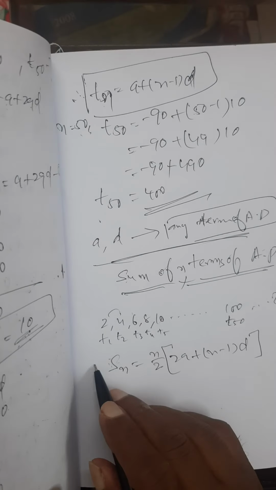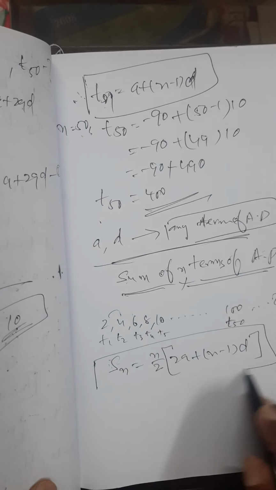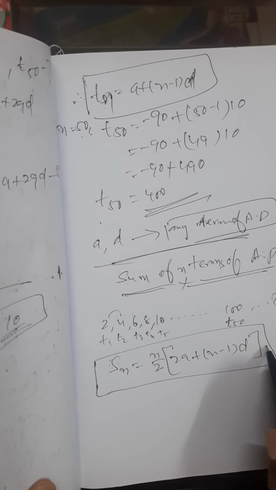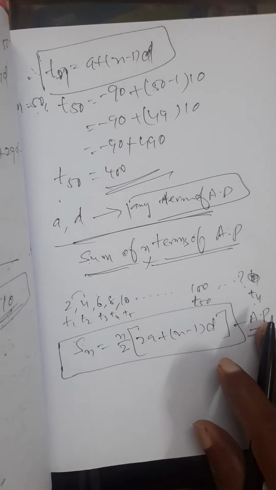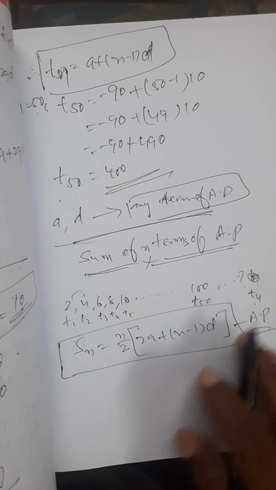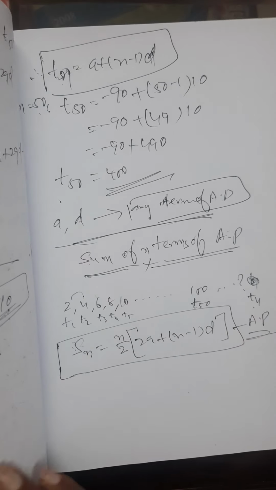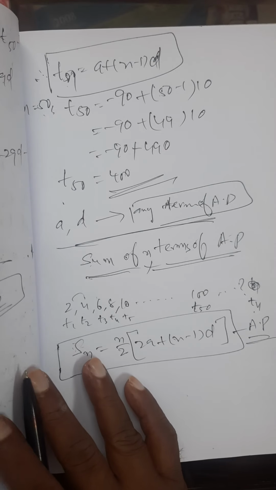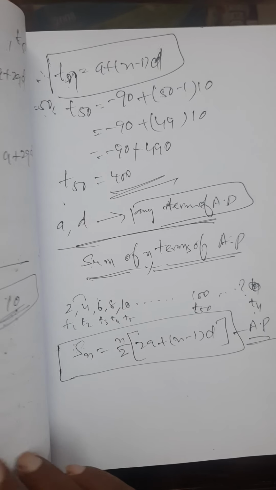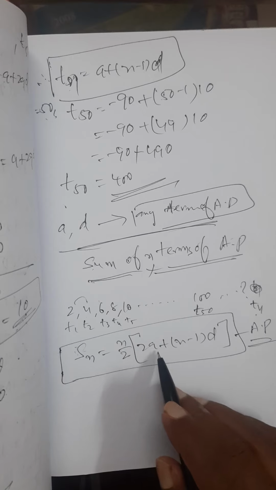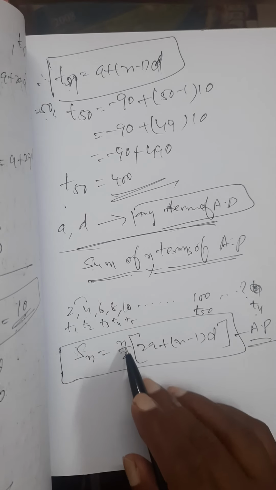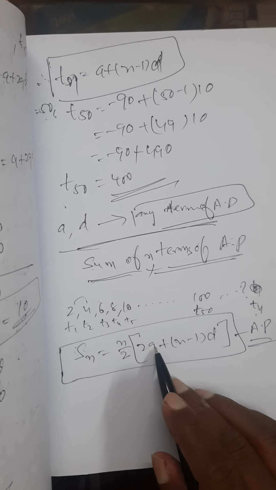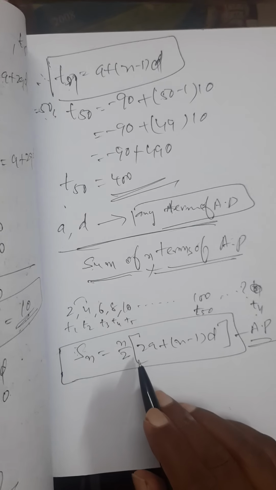Sum to n terms equals n by 2 bracket 2a plus (n minus 1) into d.